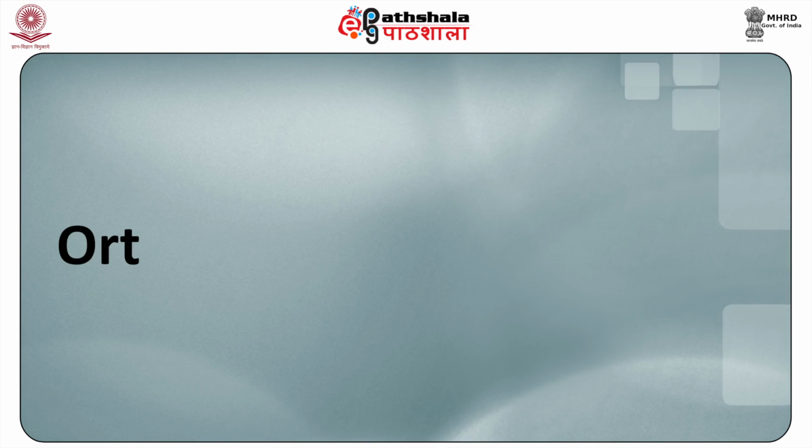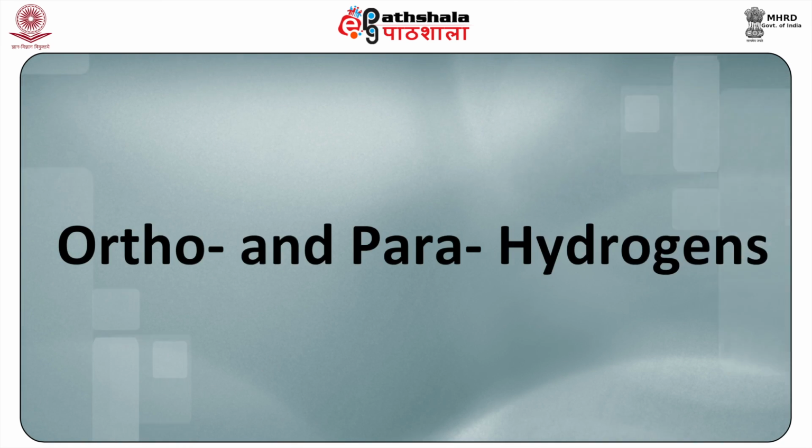Out of this, there will be symmetric spin states, whose number will be (2I plus 1) into (I plus 1), and antisymmetric spin states, whose number will be (2I plus 1) into I. Now, using this concept of symmetric and antisymmetric spin states, we will try to explain the concept of ortho and para hydrogen.